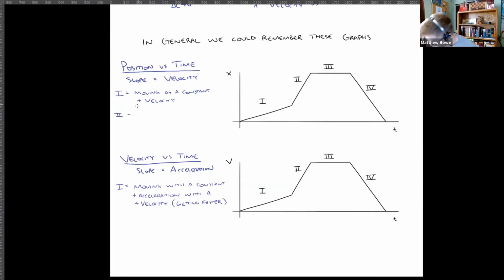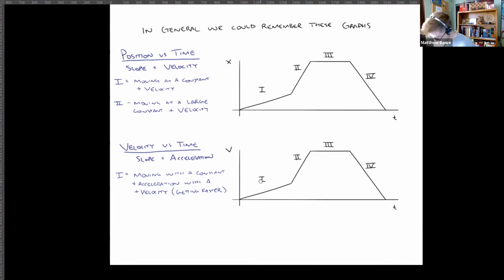Yeah, okay. Section 2, moving at a larger constant velocity for the top one. A large constant velocity. Constant positive velocity, I should specify. I'm going to have to move that down a bit.